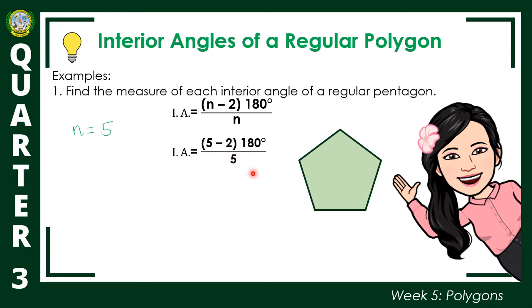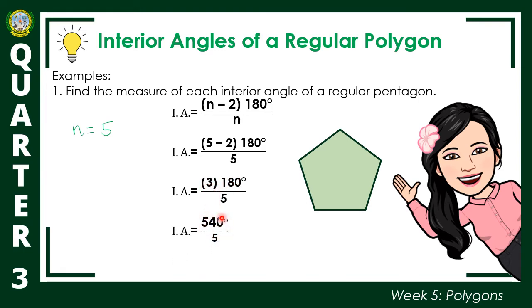And following the PEMDAS, syempre unahin natin yung nasa parentheses. Okay, 5 minus 2 is equal to 3. So, magiging 3 times 180 over 5 na po siya. Okay? Next po nating ipaperform is yung multiplication po sa ating numerator. Okay? 3 times 180 will give us 540 degrees.